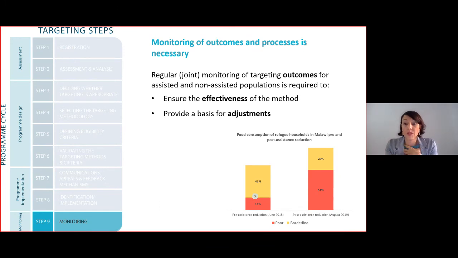So you can have clear outcome indicators that are guiding the programmatic implications of implementing targeting or implementing a prioritization exercise. And based on these results, then the targeting can be adjusted.